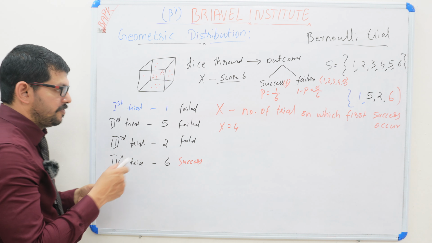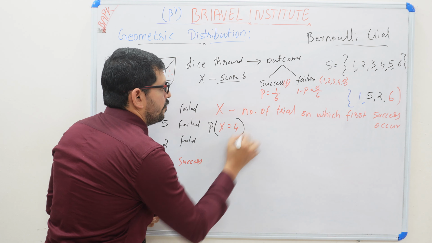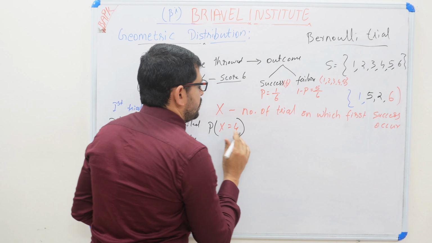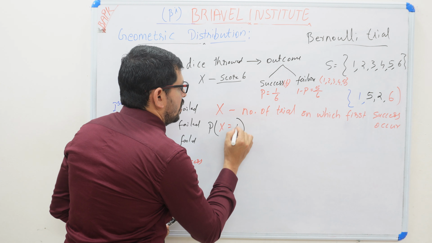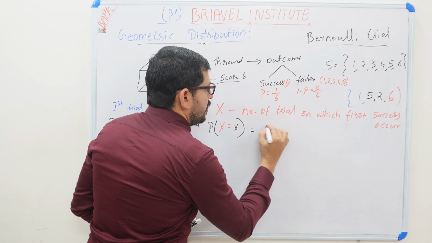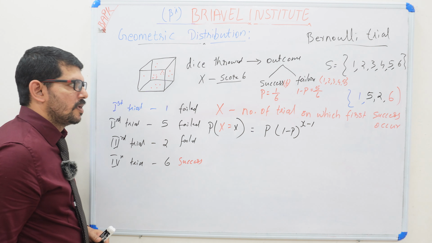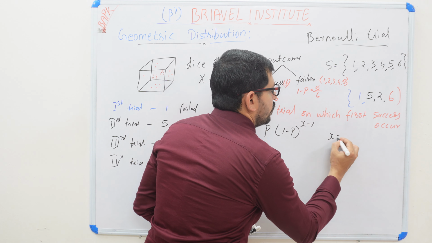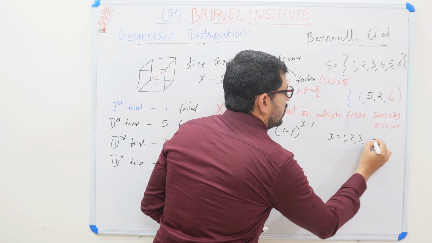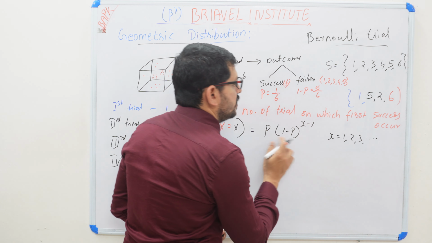So the probability of X is equal to x in the geometric distribution is defined as P times 1 minus P raised to x minus 1. Here x is equal to 1 or 2 or 3 and so on, and P is between 0 and 1.